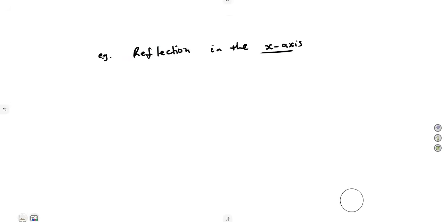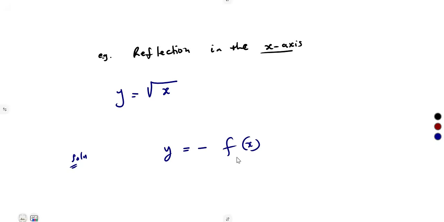So this is the image point of (4, minus 2). Given another function f of x, we can be given y is equal to the square root of x. Just like before, in the x-axis it is minus f of x. So simply take your f of x and multiply it by a negative.